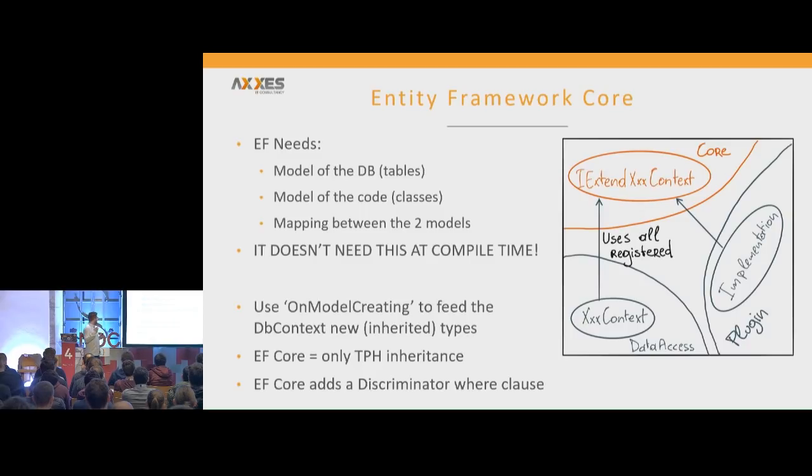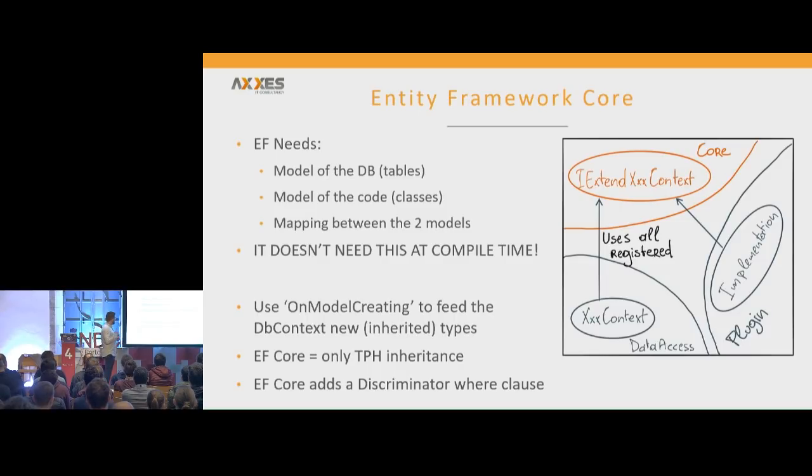The problem is that if you remove your plugin again, say I remove my marbles plugin from my deployment, and there are rows that have a discriminator that says this is a marble, you will have runtime errors in EF6.